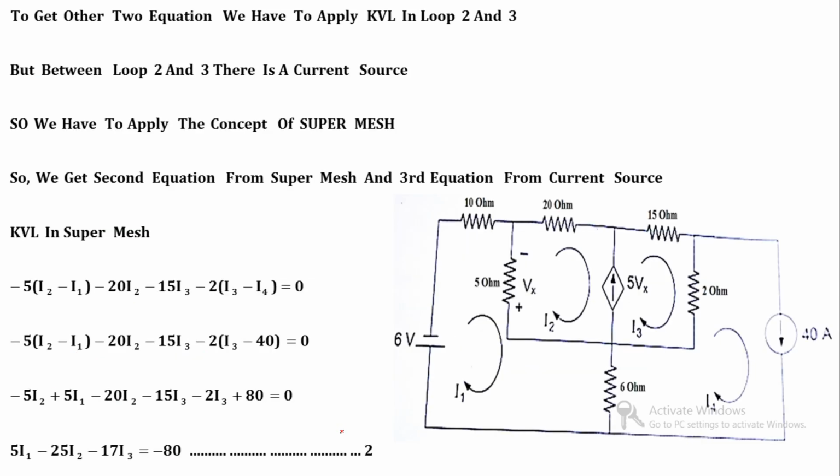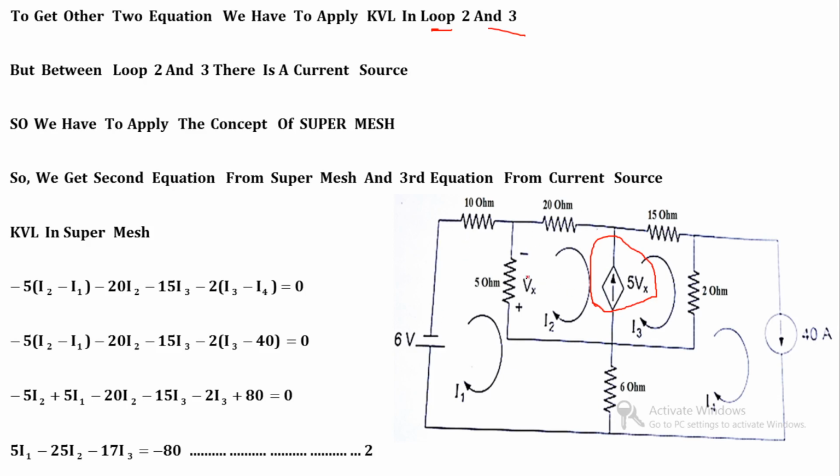Now the remaining loops will be loop number 2 and loop number 3, but you have to observe that in between loop 2 and loop 3 there is a current source. So we cannot apply Kirchhoff's voltage law directly when there is a current source between two loops, because we have to add all the voltages in Kirchhoff's voltage law.